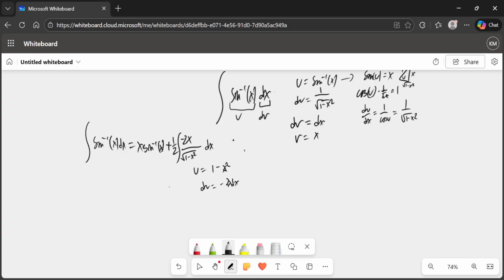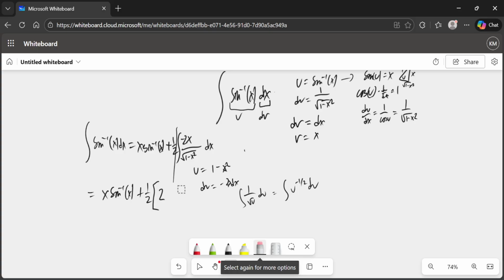Does that make sense so far? And then that becomes 1 over root u du, which is equal to u to the negative 1/2 du. So it's equal to x sine inverse x plus 1/2 times 2u to the 1/2, where u is 1 minus x squared, plus c.